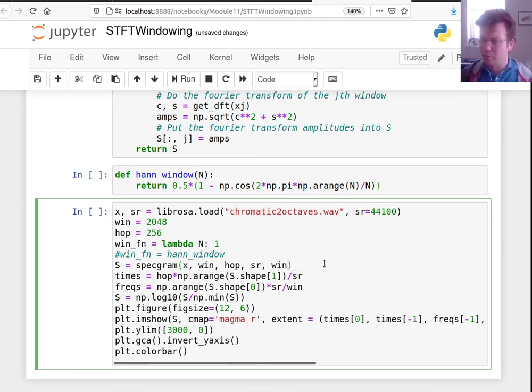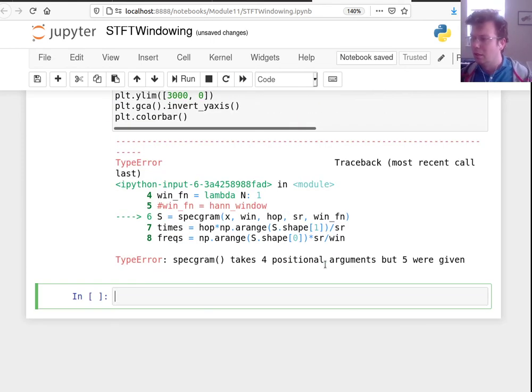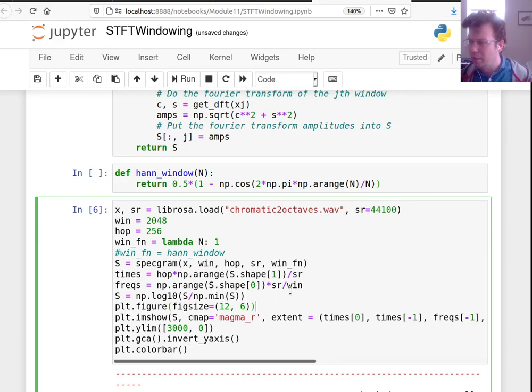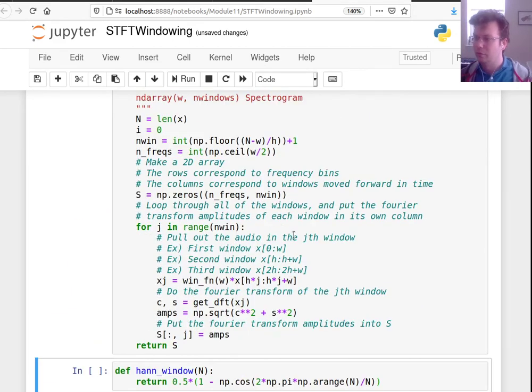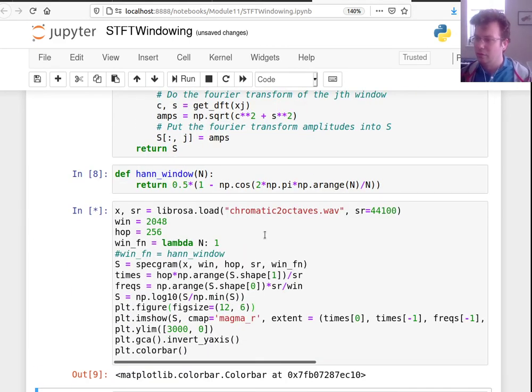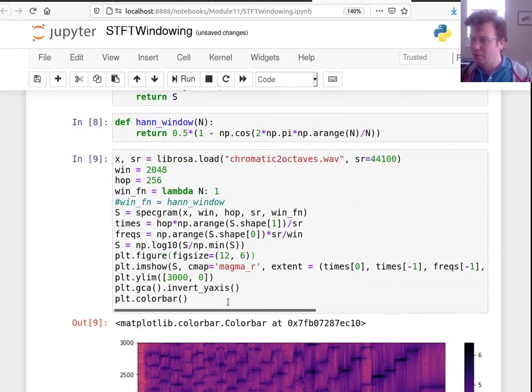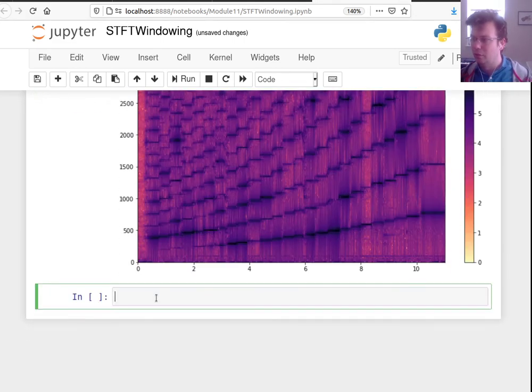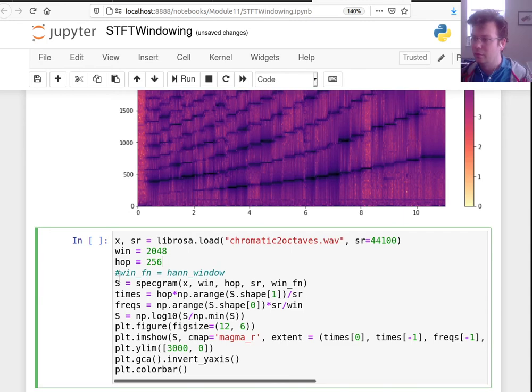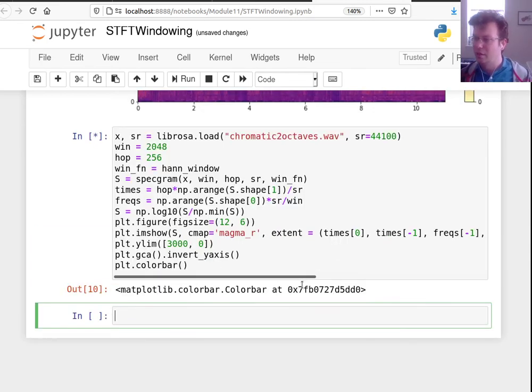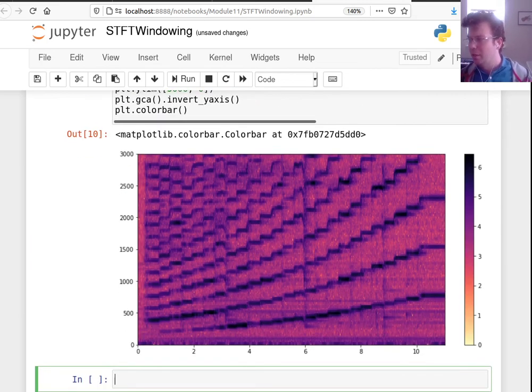So this is what we had before. And of course I have to rerun this. Run this, okay. So this is what we had originally. Let me change this so that it uses the Hann window instead. And it'll probably be a subtle difference, but okay.